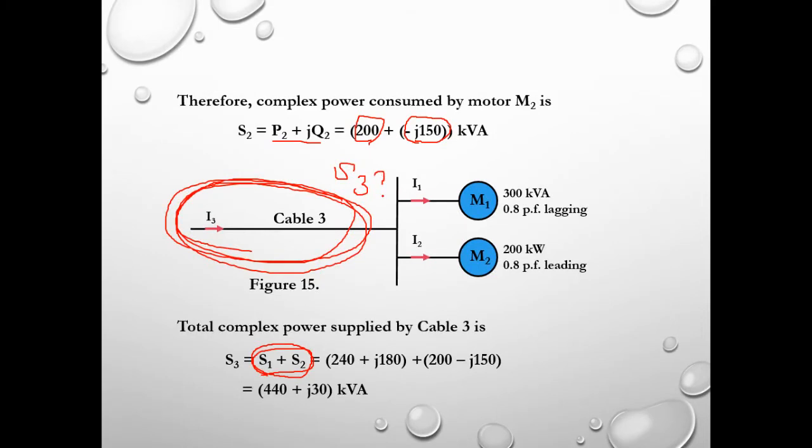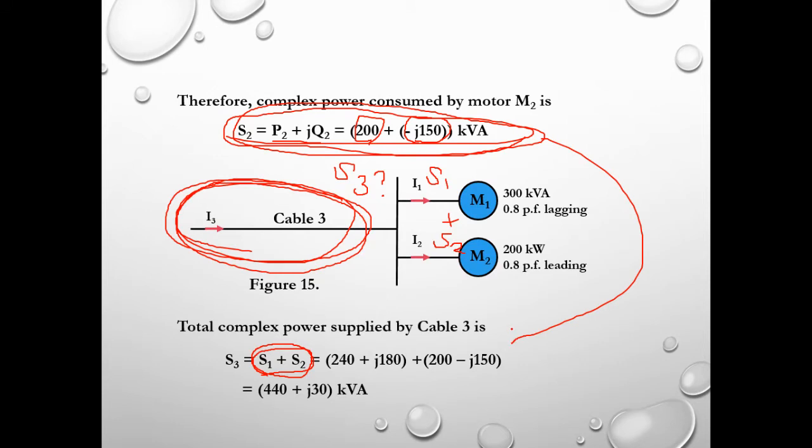We just sum up S1 plus S2. So S3 equal to S1 plus S2, 240 plus j180 from the previous page, and S2 from here. We just calculate above the value of S2, and then finally we can obtain the value of S3, 440 plus j30 kVA, right?